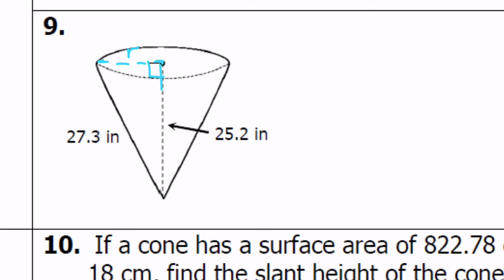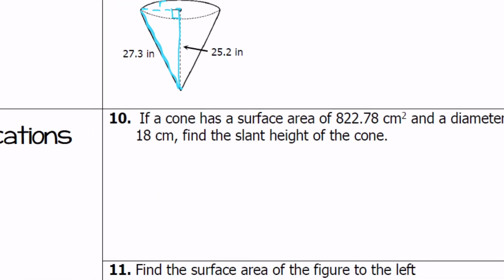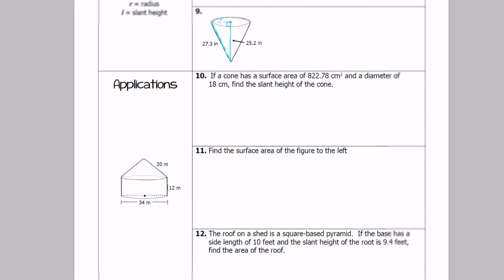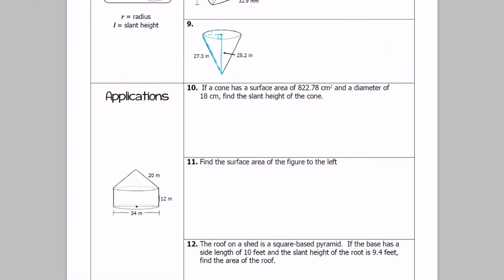I made a right triangle by connecting my height and my radius and my slant all together. So think about how you would use that to find your radius. Remember what we've been doing when we deal with sides of right triangles.